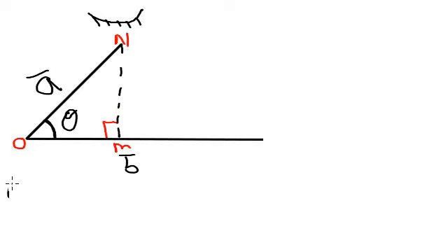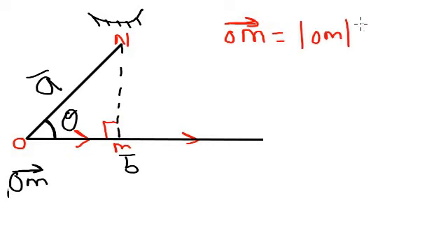To determine vector OM itself, we need to understand some of the properties of parallelism of vectors. You notice that vector OM is parallel to vector B itself. So therefore, vector OM will be equal to the magnitude of vector OM multiplied by the unit vector of B. Why?